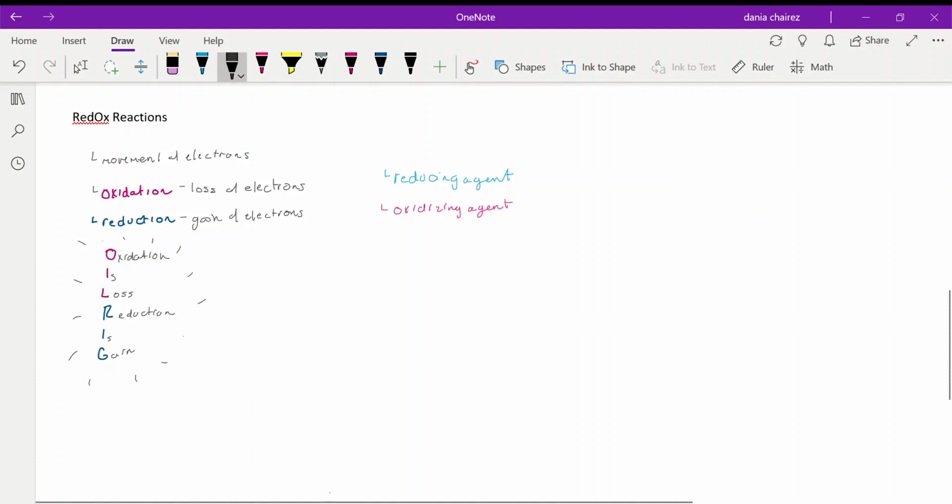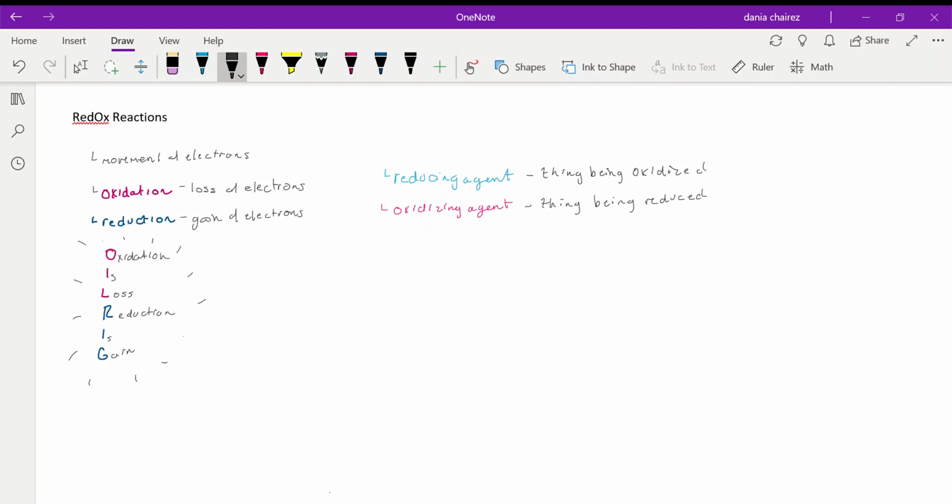But okay, your reducing agent is essentially the thing being oxidized, and your oxidizing agent is the thing being reduced, which is just the opposite of what's happening.